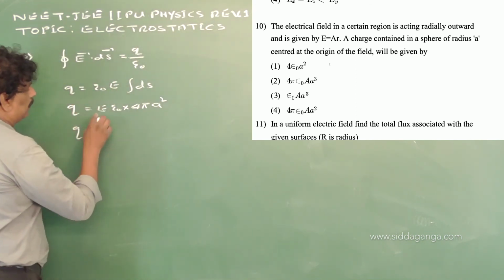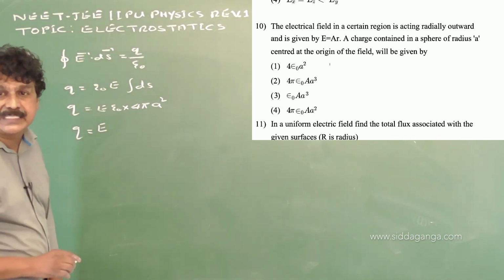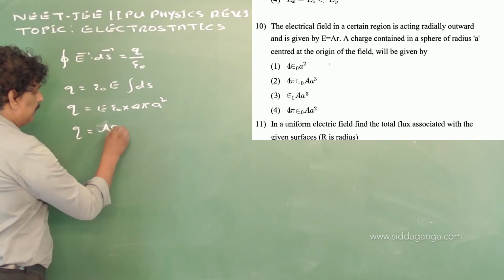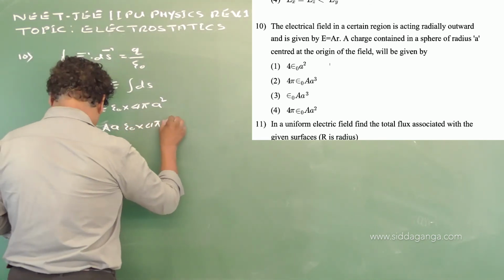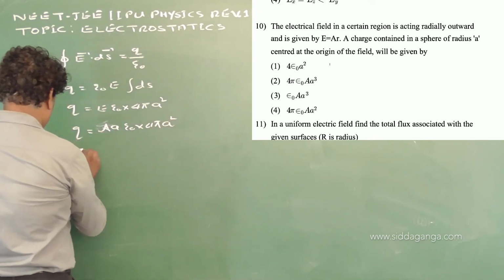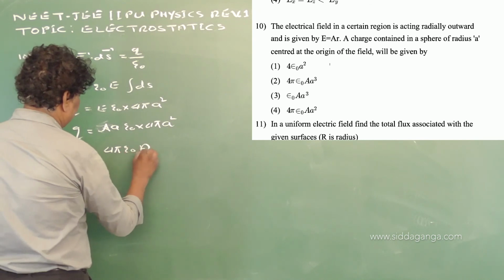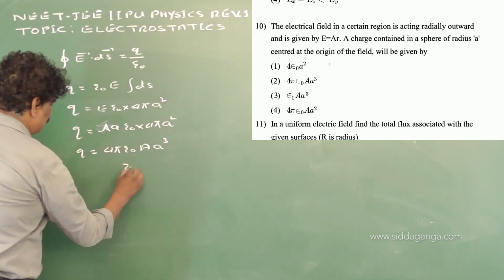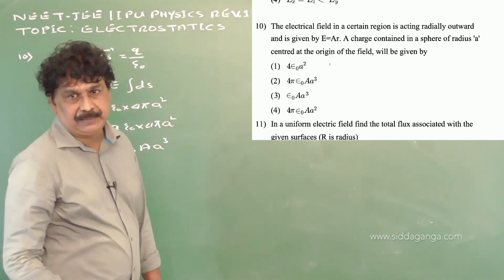Now E is a function of R, where R is variable, so E is equal to A into A. Q is equal to A into A epsilon naught into 4 pi a square. Therefore, Q is equal to 4 pi epsilon naught A cubed. So the right option is 2. The second one is the right option.